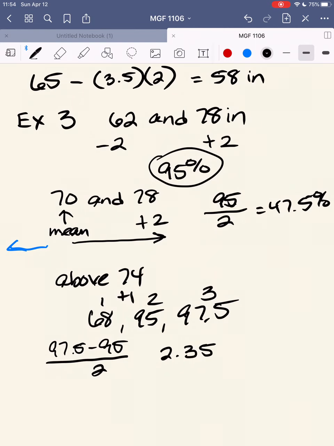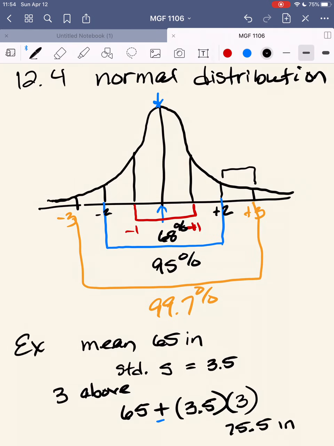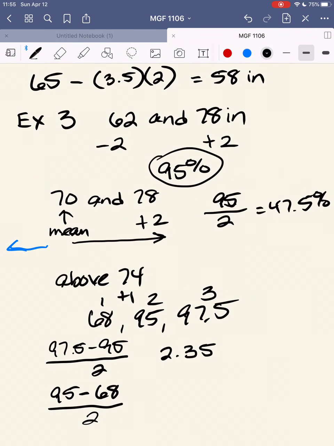I want to do the same for the 95 and the 68% rule, and I want to divide that by 2. What I want to do now is get this piece, and that'll be all the people I need above. When I do that, I get 13.5, sorry, 13.5.